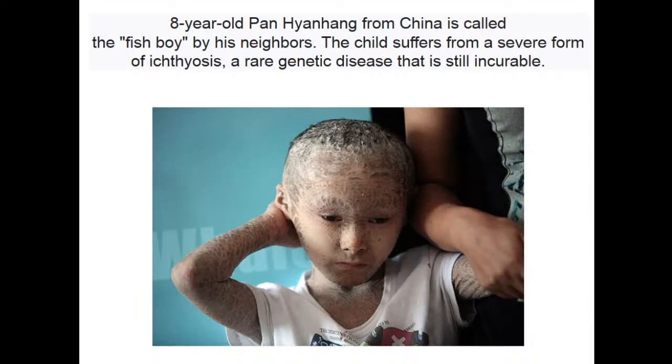In this picture you can see 8-year-old Pan Huyanchan from China, called the fish boy by his neighbors. The child suffers from a severe form of ichthyosis, a rare genetic disease that is still incurable.